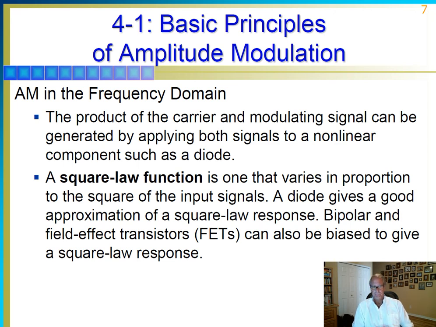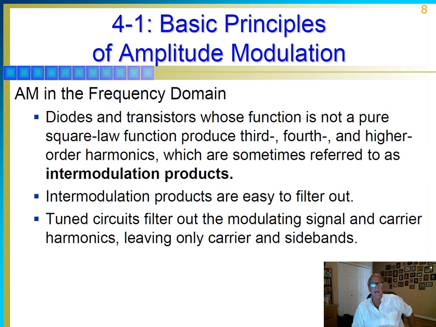It allows you to very quickly and simply multiply two signals together. Bipolar transistors and field effect transistors can also be used to give a square law response, okay? And we'll look at some schematics here in a moment.